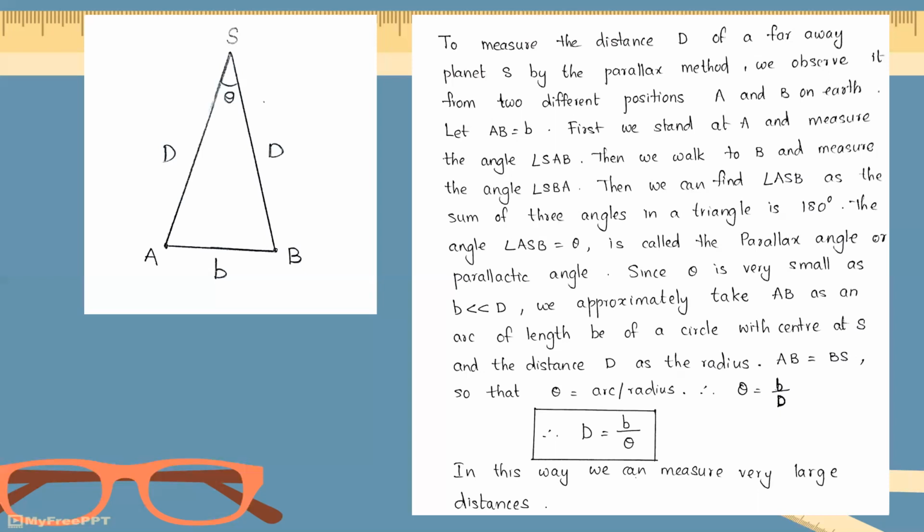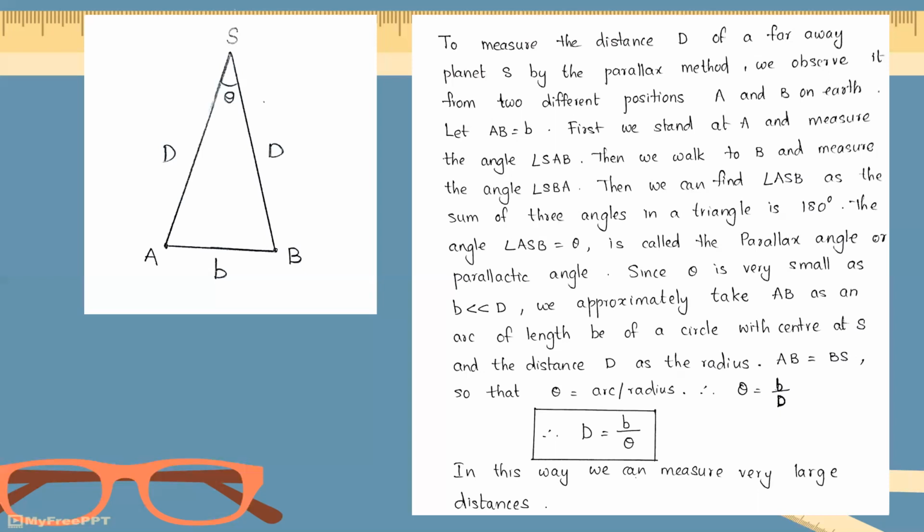Capital D, that is the distance of a planet from the surface of the Earth, is equal to small b divided by theta, where small b is the distance between the two points A and B. A and B are the two points from which we observed a planet, like the moon. In this way, we can measure very large distances.